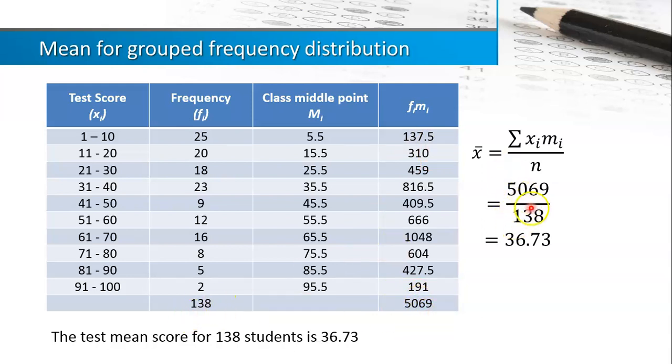You divide 5,069 by 138. So the mean score would be 36.73. Where is 36 around here? It does make sense because it is about at the middle. This is the way you calculate the mean for grouped frequency distribution.